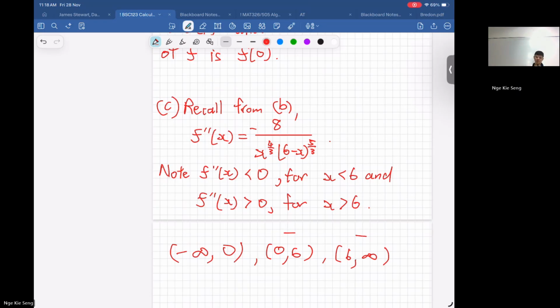Oh, wait, so there's a minus sign here. Okay, and then why do I split at 0?